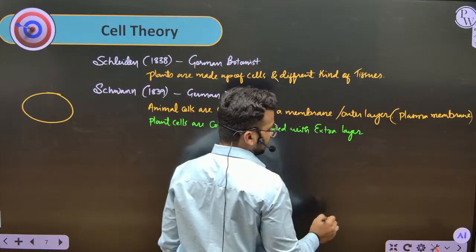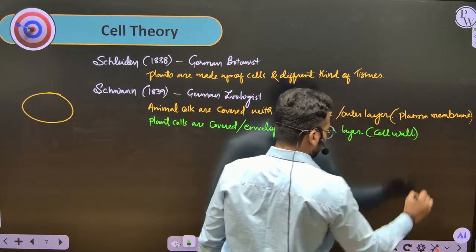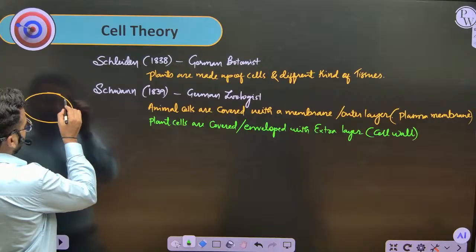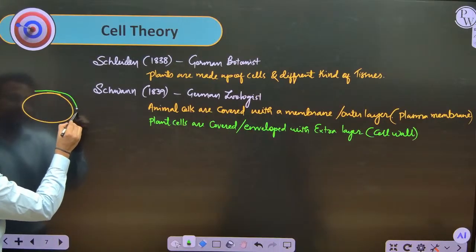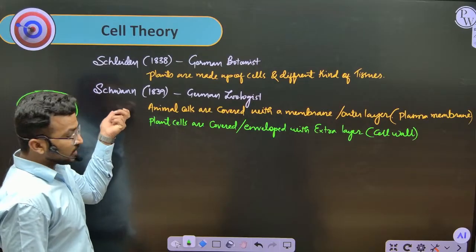That is nothing but the cell wall. The cell wall is present upon the cell membrane. He says that upon this you can see the cell wall also. So it was given by Schwann.